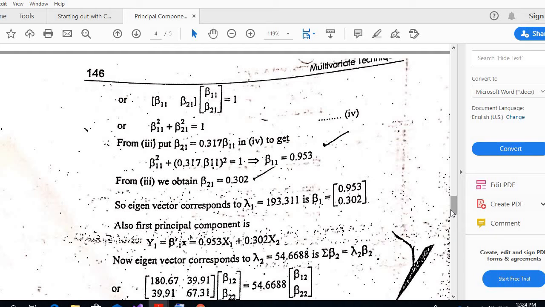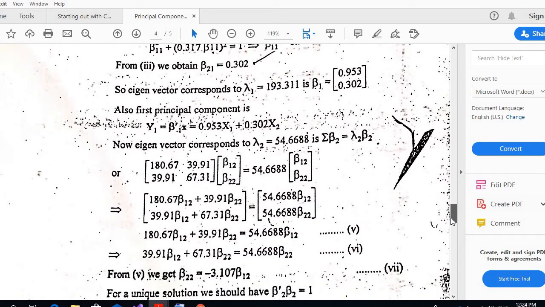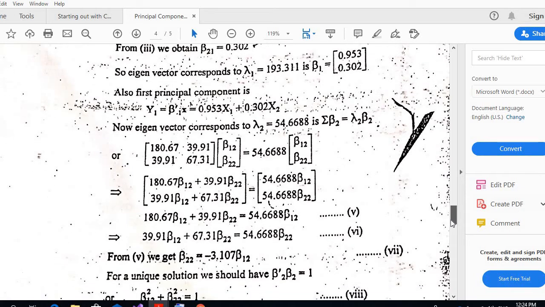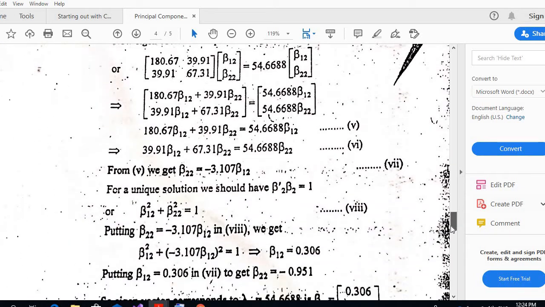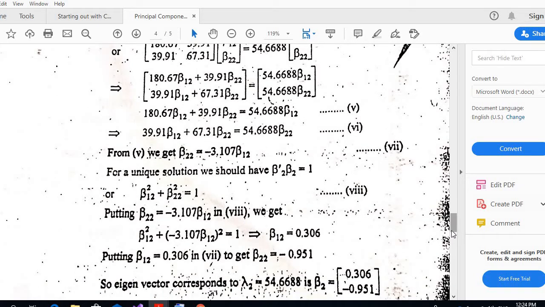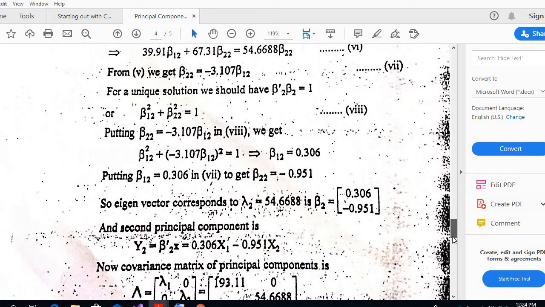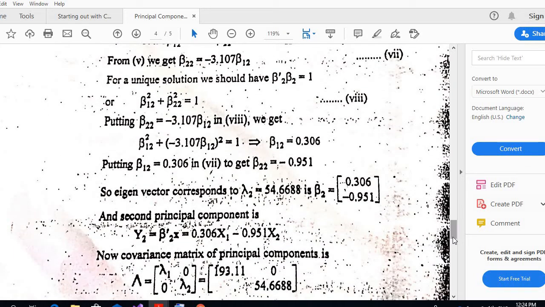Similarly, we find the eigenvector corresponding to lambda 2 equal to 54.668. After solving the equation and replacing the respective values, the second eigenvector is beta 2 equal to 0.306 and minus 0.951.